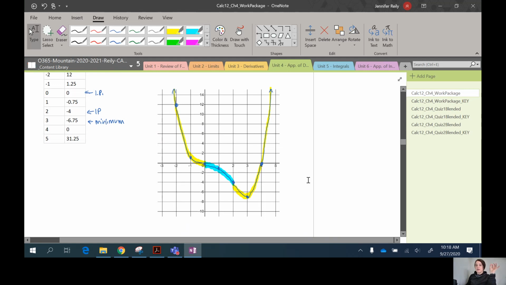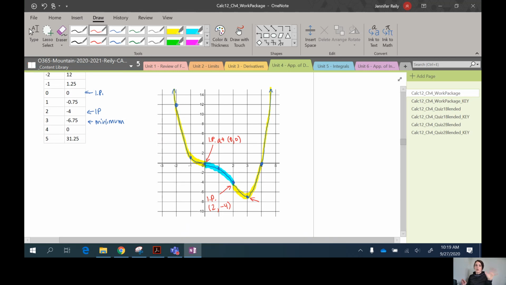The last thing you need to do is label the important points on the graph. Okay, so we had inflection points at 0, 0. We had an inflection point here. You can do IP for short. To 2, -4. And this point from the graph, now we can tell if it's a global minimum or a local minimum.